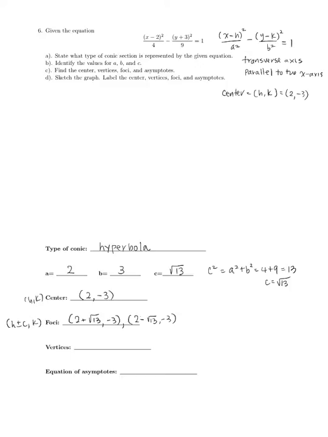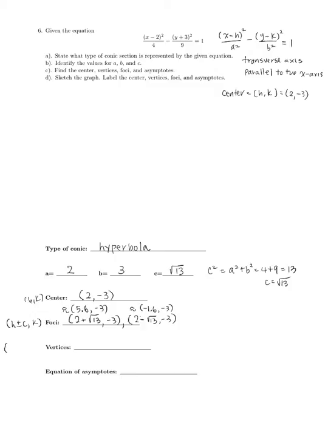For graphing purposes, typing it in the calculator, that's approximately 5.6 comma negative 3, and the other one, 2 minus square root of 13, is around negative 1.6 comma negative 3.